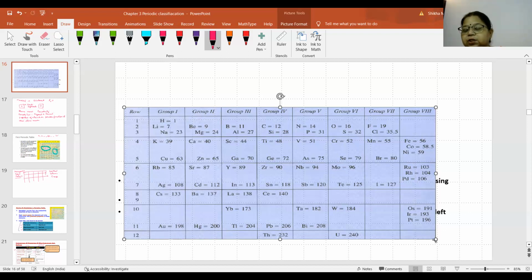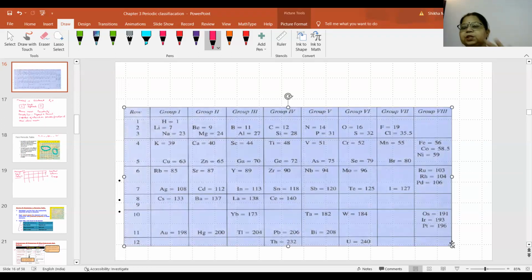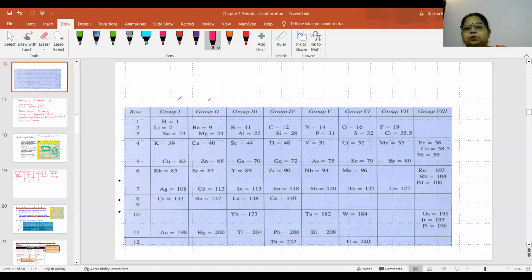I'll just teach you the quick numbering of the groups and periods. As you can see, this is Mendeleev's periodic table, and groups are numbered 1, 2, 3, 4, 5, 6, 7, and 8. Then you can see every group is followed by a certain period.